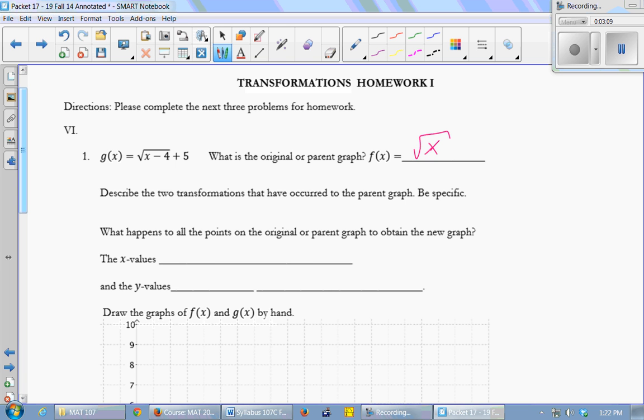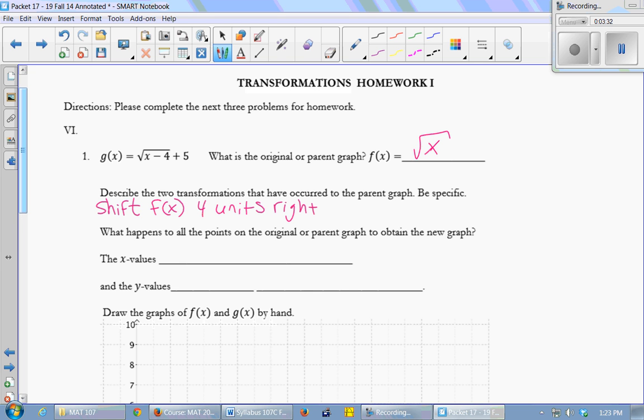Michelle? Yep. So we're going to shift f of x 4 units right. That's the minus 4 pre-operation, right? So that minus 4, because it's pre-operation, indicates horizontal, and those are always kind of the opposite of what you expect.